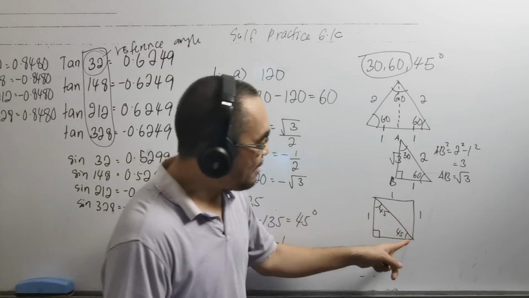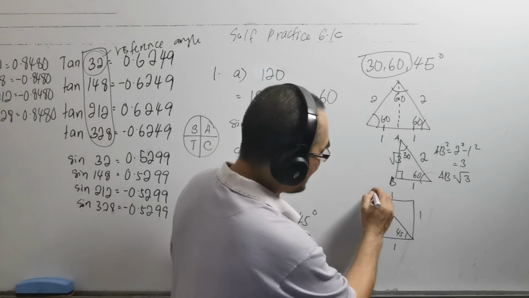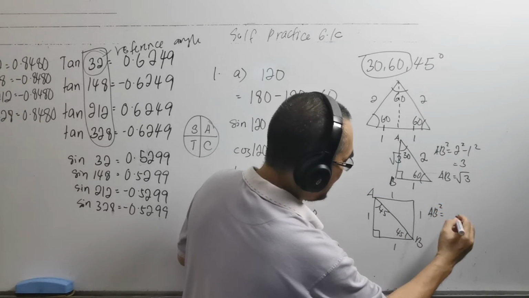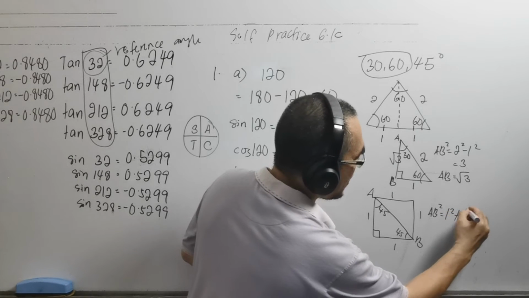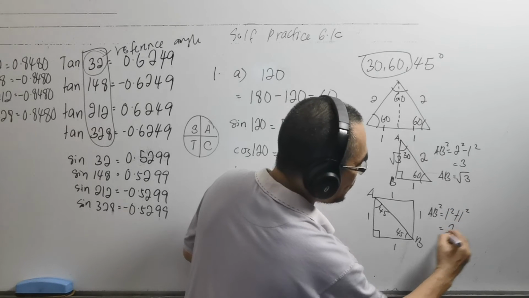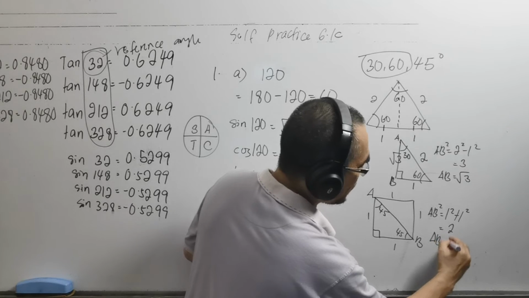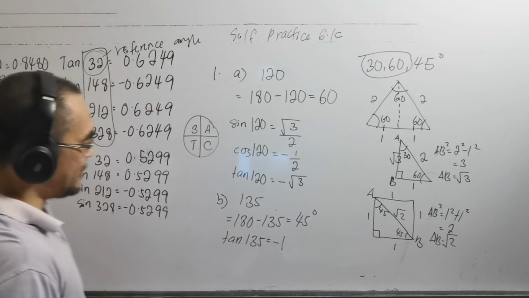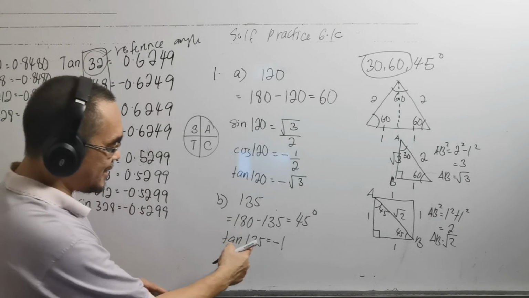Oh, I haven't labeled the hypotenuse. Let's say this is AB. So AB squared will be 1 squared plus 1 squared, which is 2. So AB will be square root of 2. This is square root of 2, the hypotenuse. Okay, so that is tangent.